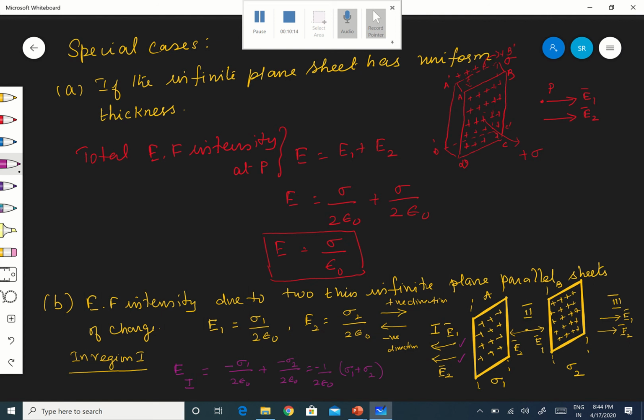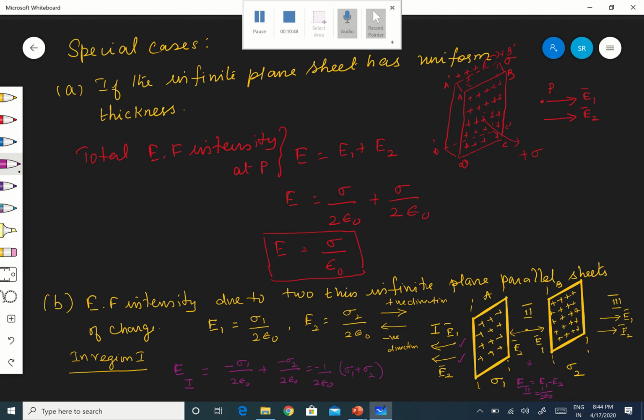So this is E1, the field in region 1. Then what is E2? Let me write here itself. E2 means the second region. Both are in opposite directions, so E1 minus E2, over 2 epsilon naught.